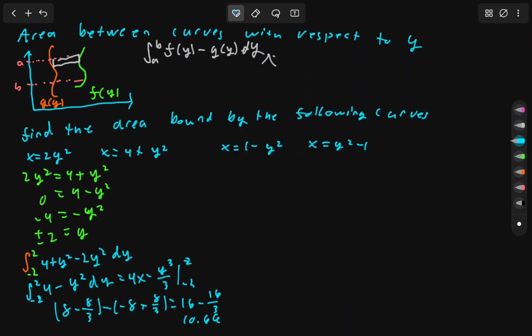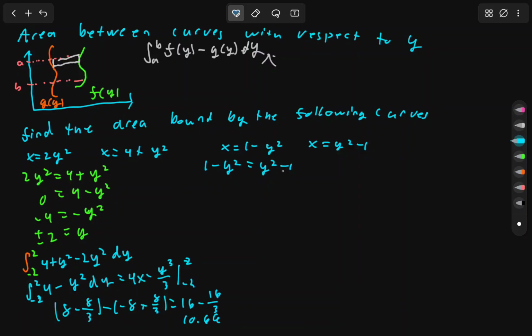Alrighty, now for the second set of equations. We want to set these equations equal to each other: 1 minus y squared is equal to y squared minus 1.